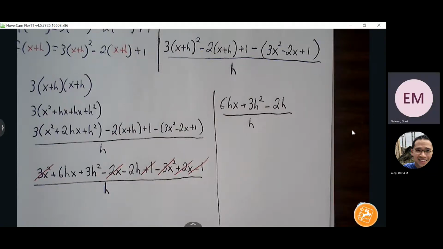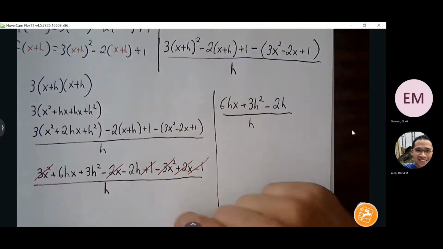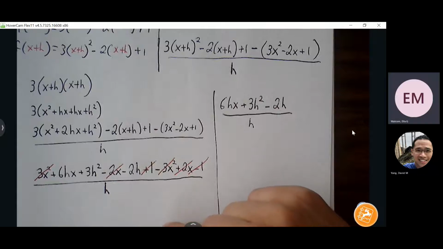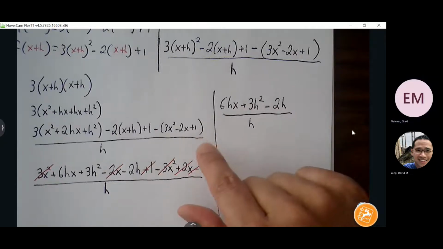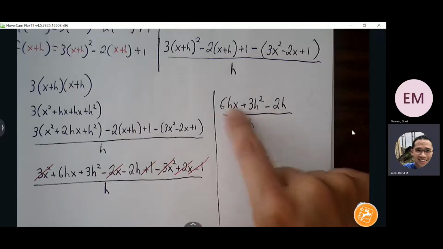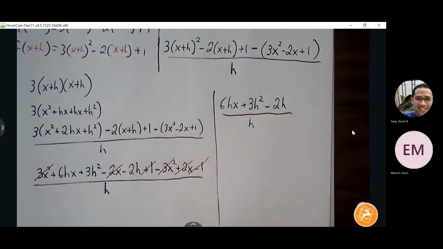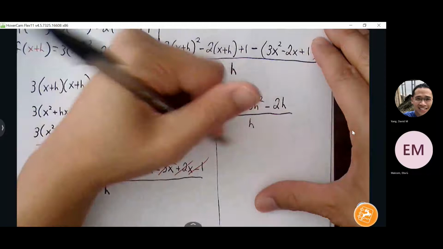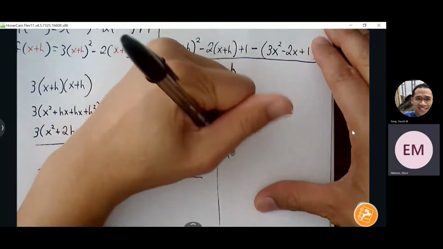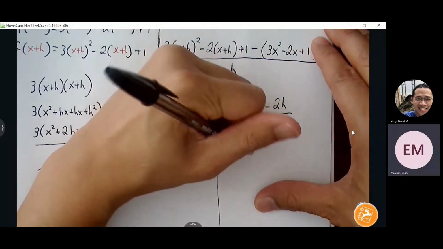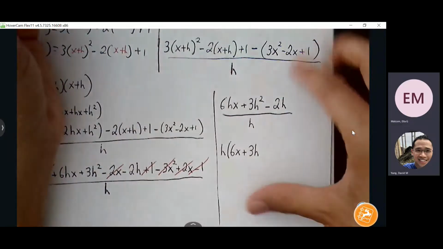Can we factor that? Yeah. What's the common factor that we can take out? H. Oh, and 2, right? No, because there's a 3 in there. Just h, yeah.